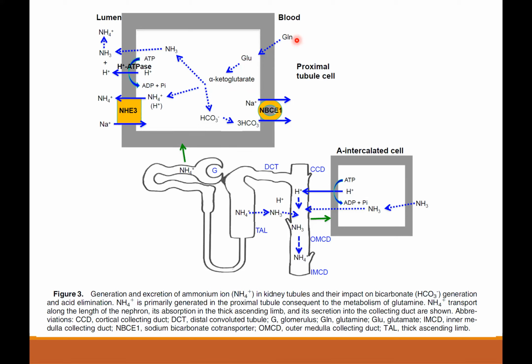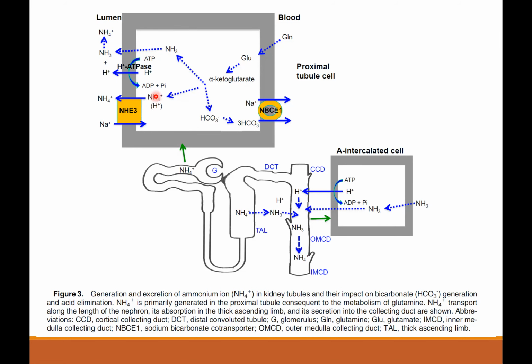So glutamine from the amino acid pool goes to glutamate, alpha ketoglutarate, and that gets converted into bicarbonate and ammonia. This ammonia diffuses into the lumen, and H+ goes through the H-ATPase, and that combines to form ammonium. Or it can pick up some hydrogen within the cell itself and become ammonium ion here.